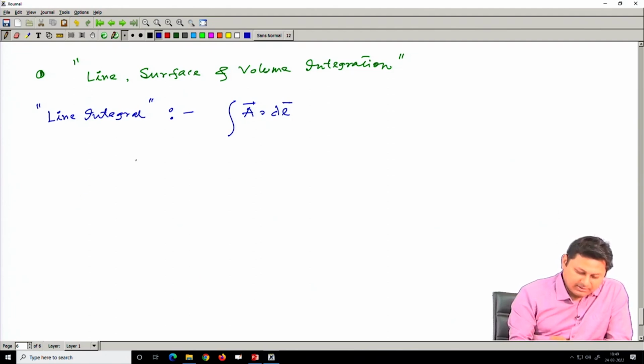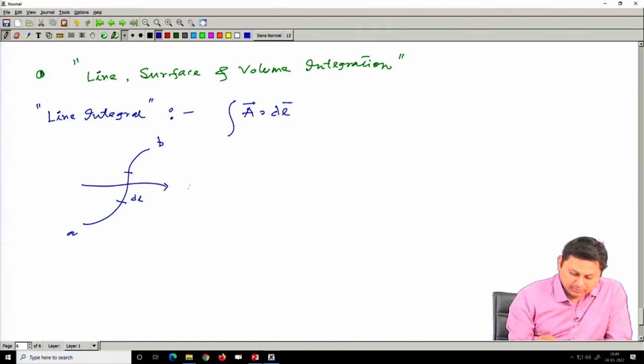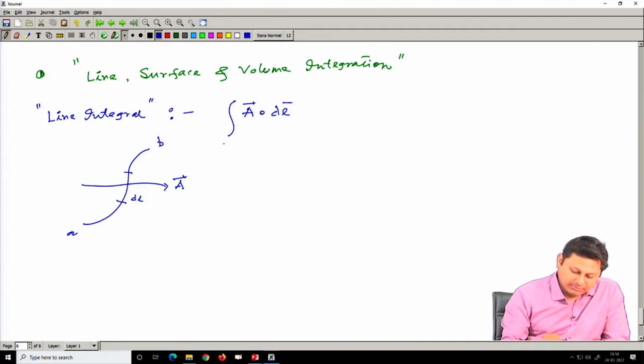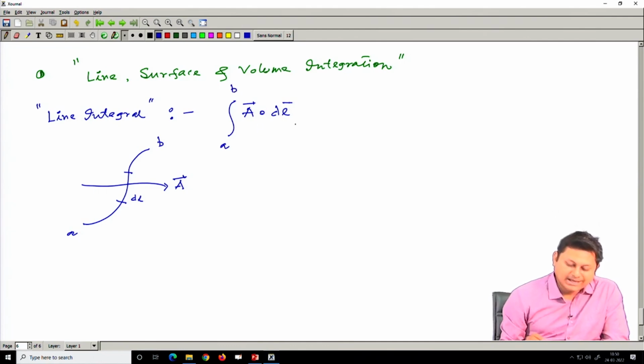I have a line element here, suppose going from a to b, which is dl, and also a vector field A. What I am calculating is this quantity A dot dl over the entire line.